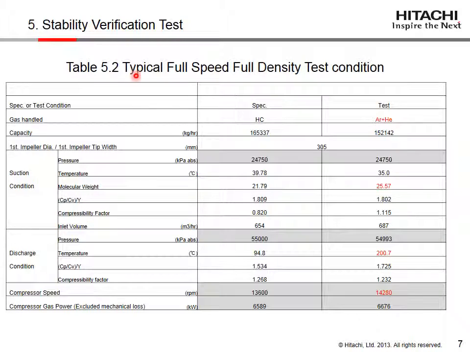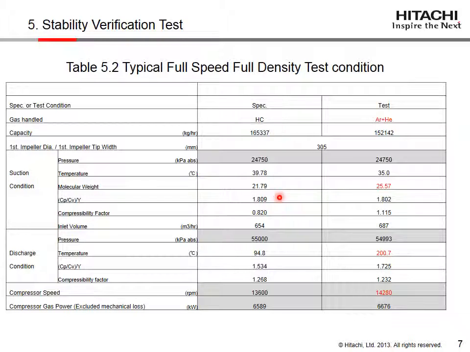A typical full speed, full density test condition is shown in this table. This is the specified operating condition on site, and this is the intended test condition at the shop. The specified gas is hydrocarbon with a molecular weight near 22, and the test condition uses an inert gas combined of argon and helium, with a mixed molecular weight of 25.57.